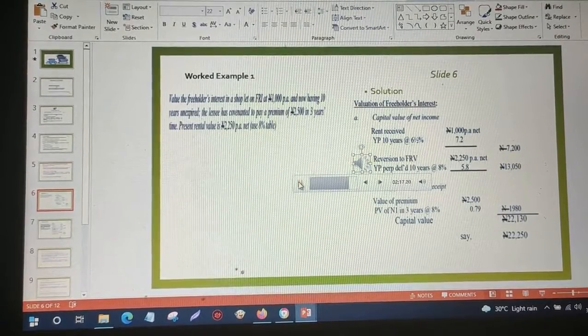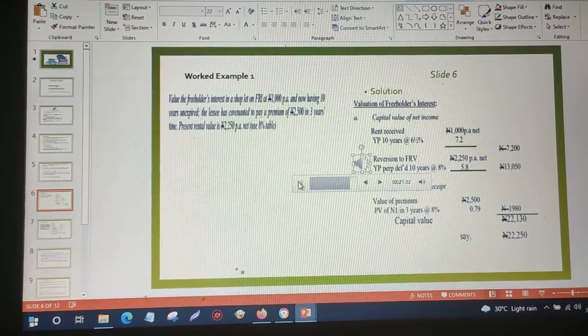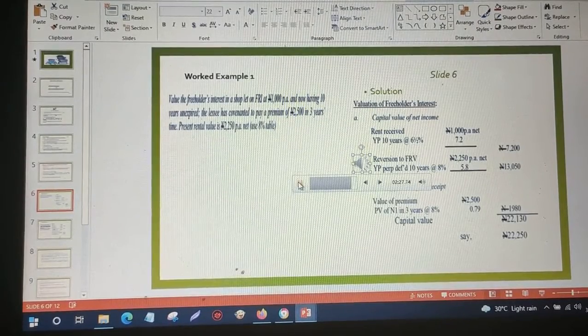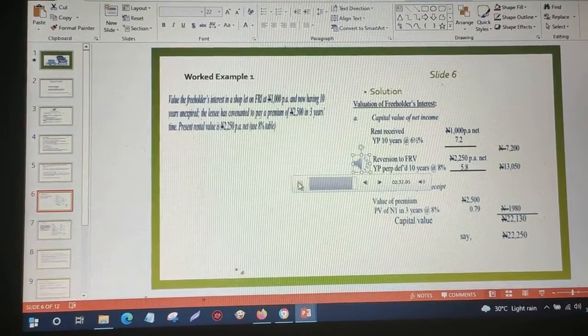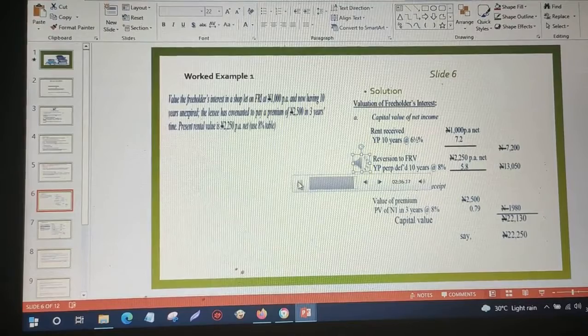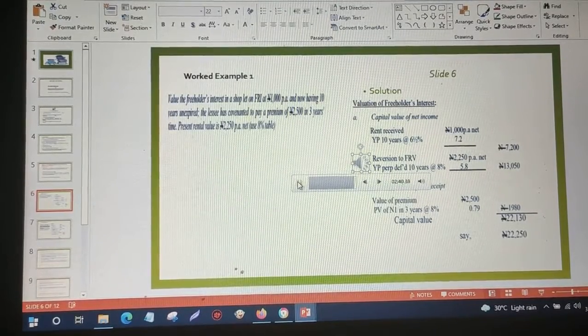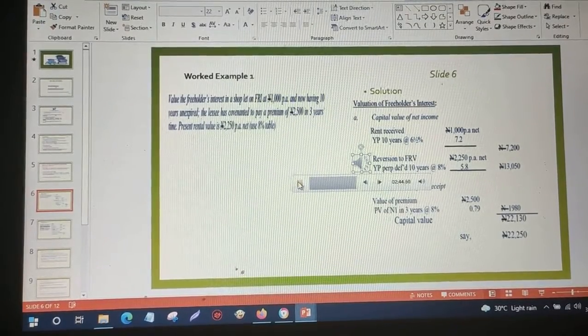Then the price of the future capital receipt, the premium, which is 2,500, which the landlord is going to receive in 3 years' time, and PV it and add it to the value. That's 1,980. Add it to the value up there, and you get 22,250. So simple.